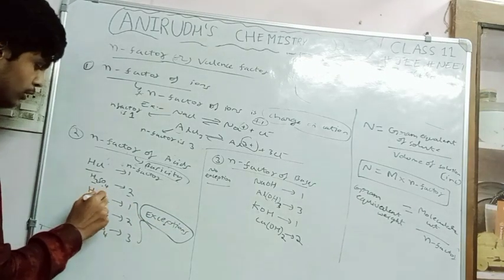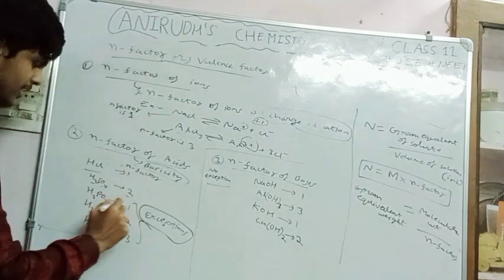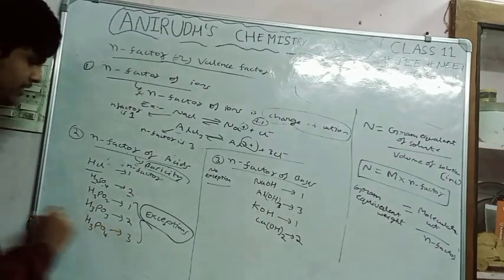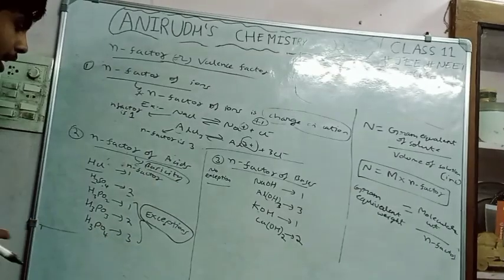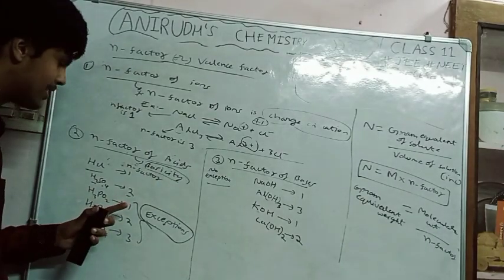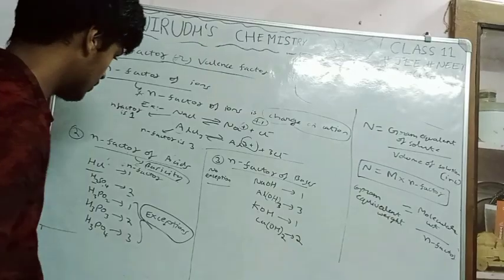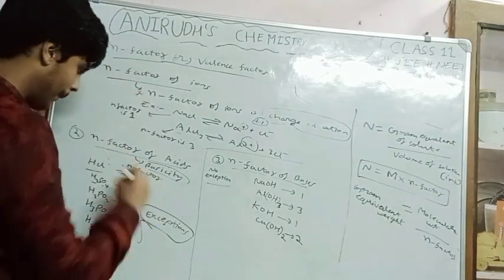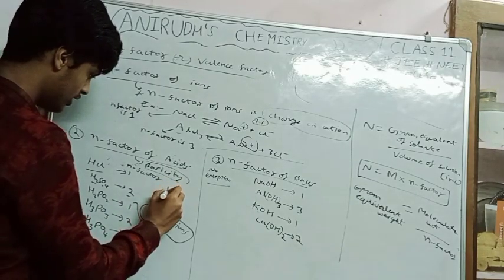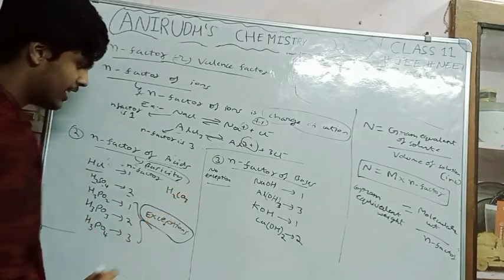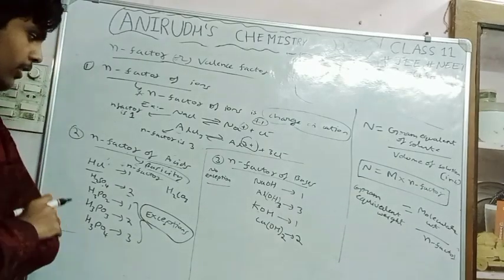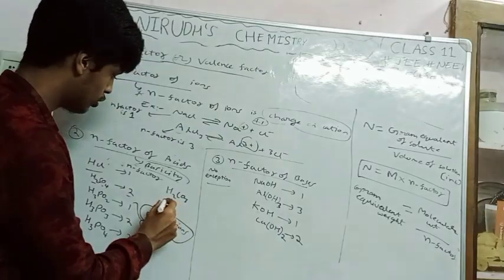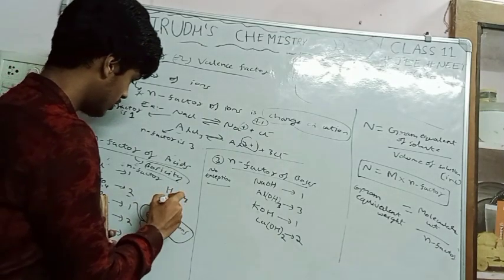So the exceptions: H3PO2 has n factor 1. For H3PO3, the n factor is 2. For H3PO4, the n factor is 3. I will tell you one trick there, and along with that, in the YouTube short I will tell you about one acid which is sometimes written as a base to confuse you. So this is the story of acids. If I give you H2CO3, carbonic acid, here also the n factor will be 2, the number of hydrogens.